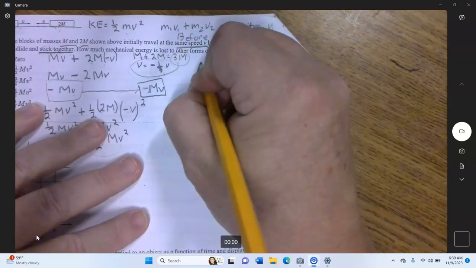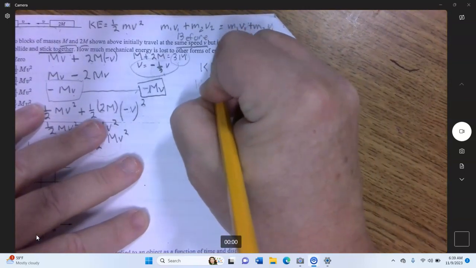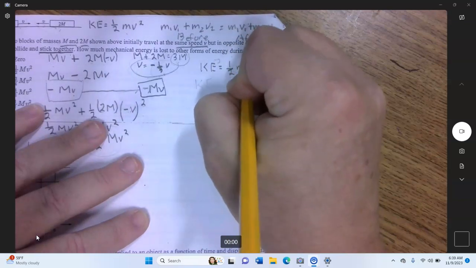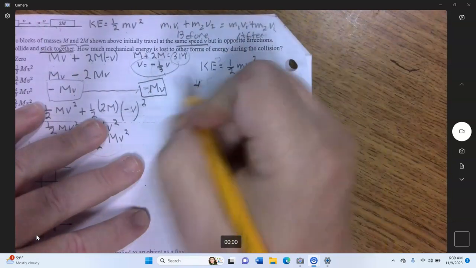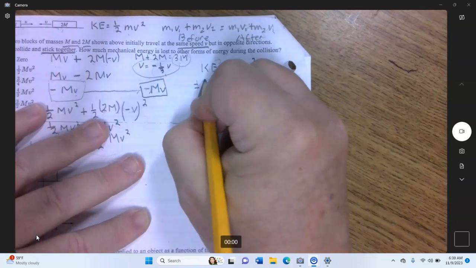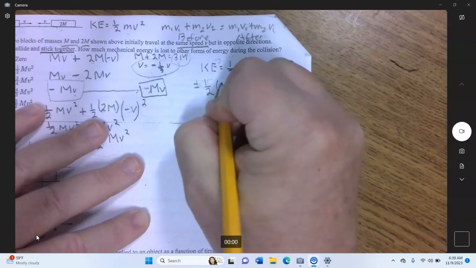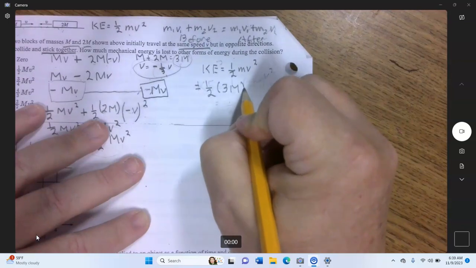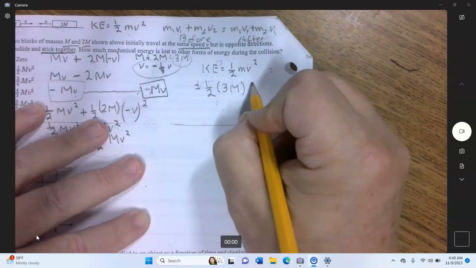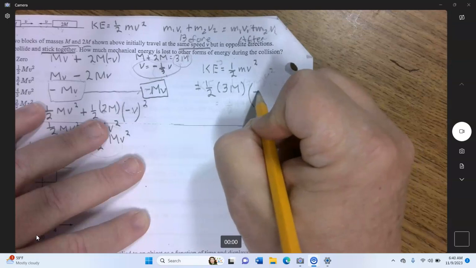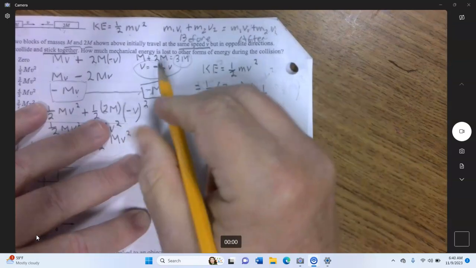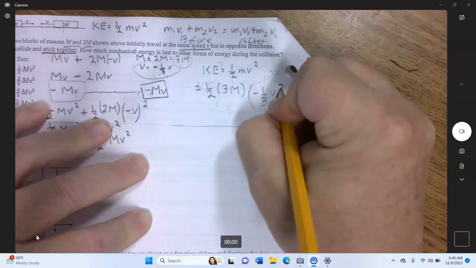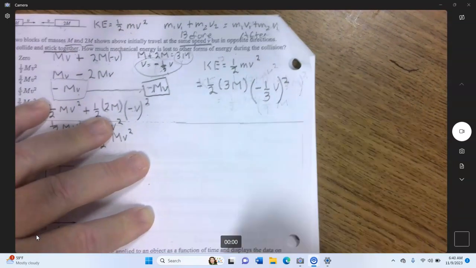So the KE equals, in general formula, 1/2 mv squared. So that's going to be 1/2, and the mass is 3m of that new block. Okay, and the velocity is negative 1/3 v, that's what we figured out with the conservation of momentum part, squared. And the square goes outside the parentheses.